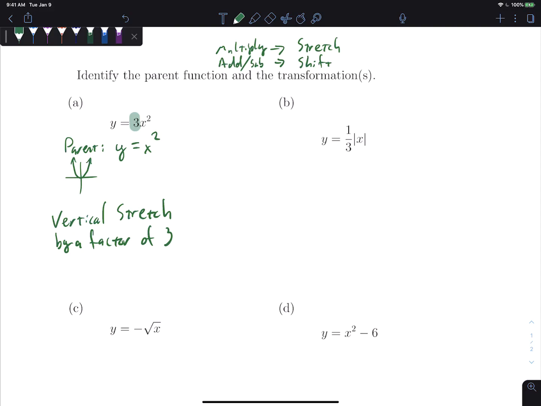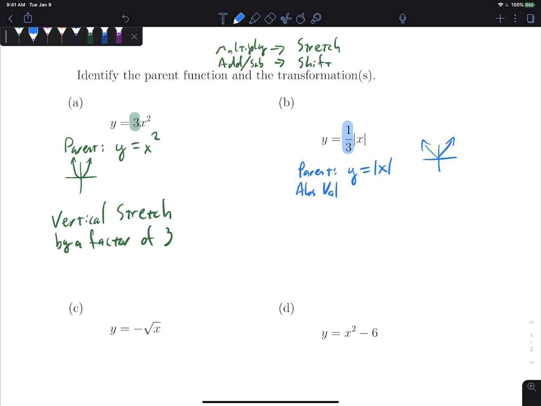Next, let's look at letter B. Letter B says y equals 1/3 times the absolute value of x. Notice that the 1/3 is going to be the transformation. So the parent here is y equals the absolute value of x. That's the absolute value function, and that looks like the V shape. The question is what is the transformation?